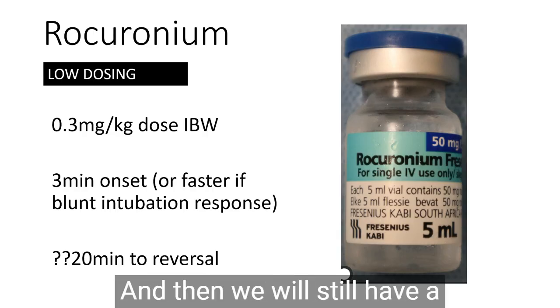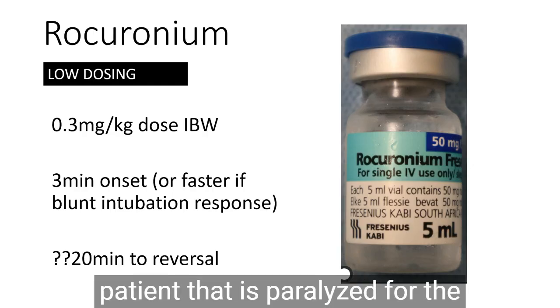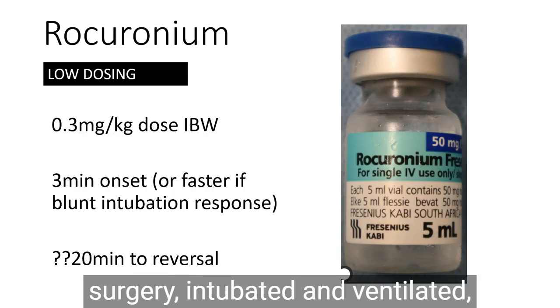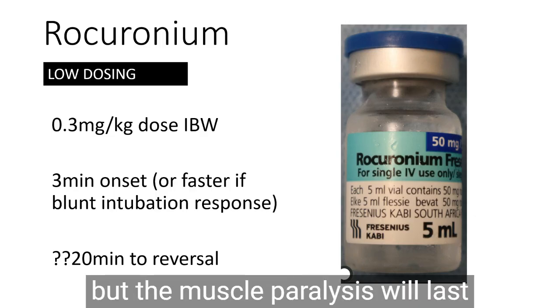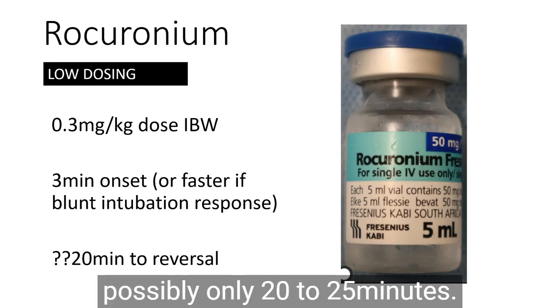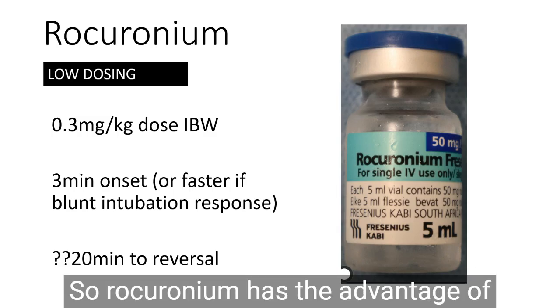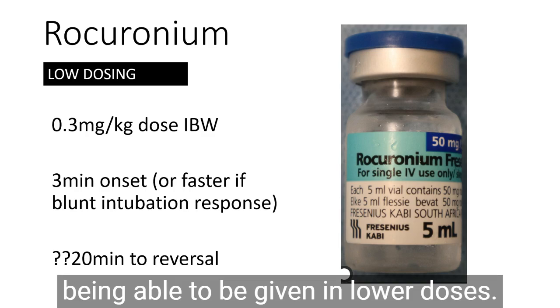And then we will still have a patient that is paralyzed for the surgery, intubated and ventilated, but the muscle paralysis will last possibly only 20 to 25 minutes. So rocuronium has the advantage of being able to be given in lower doses.